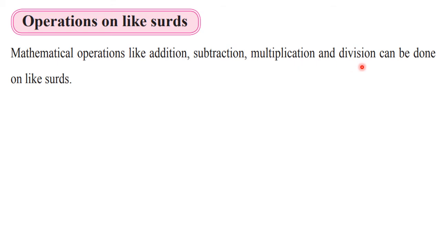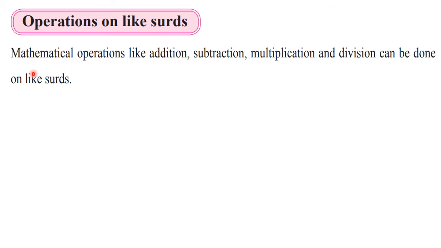For multiplication and division, we can only observe the order. If the order is same, then we can multiply or divide. But for addition and subtraction, only order is not important. We have to see the radicand also. That means compulsory the surd should be like surd.